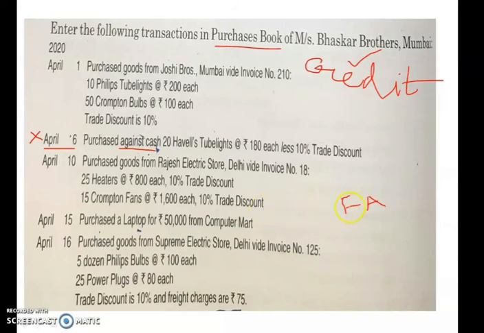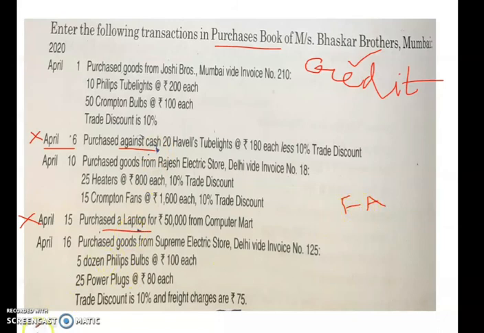Even if it is a credit purchase and a fixed asset is purchased, like in this case April 15, purchase a laptop, it's a fixed asset, that will also not be recorded in purchase or sales book. So the two things which you have to remember when you are preparing purchase book and sales book are: you will not record cash transactions and you will not record fixed asset purchases or sales.